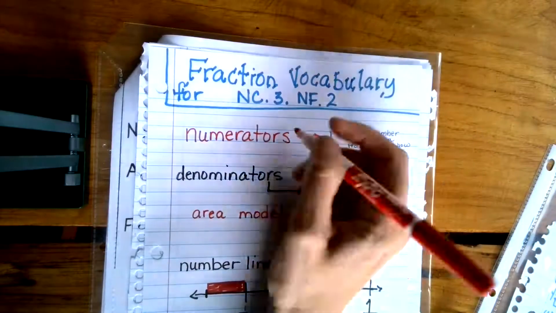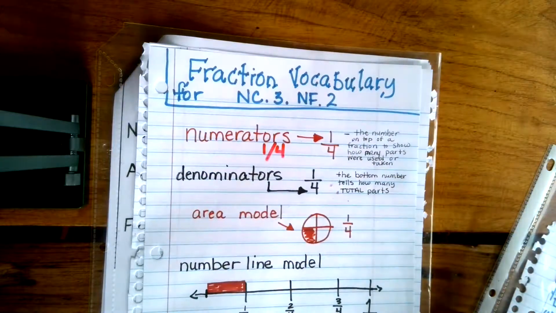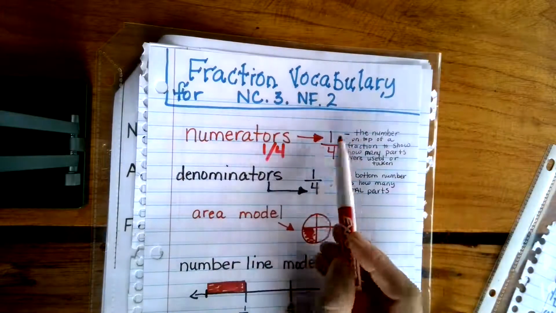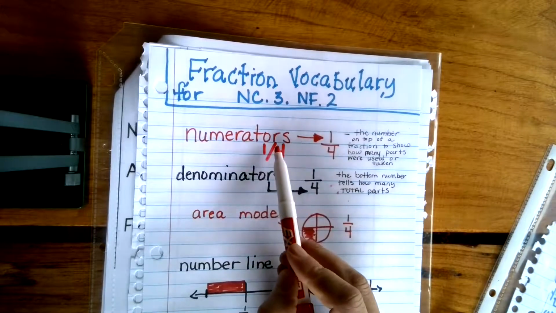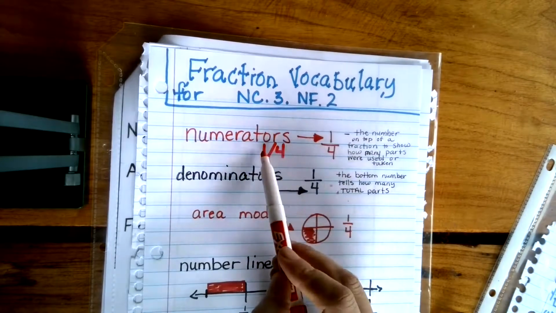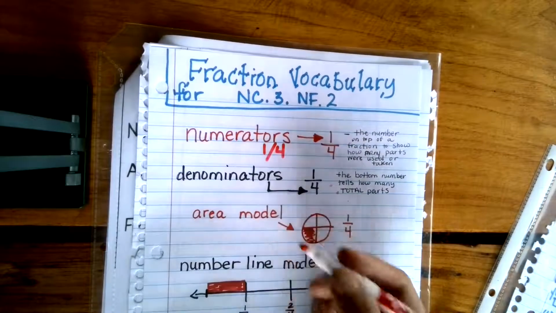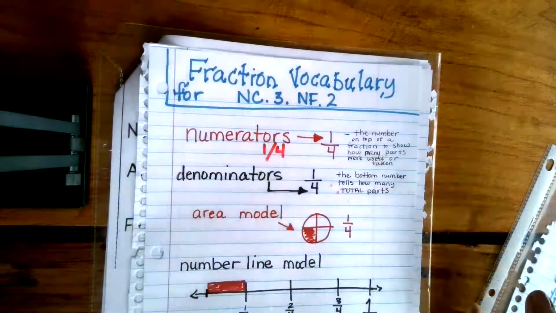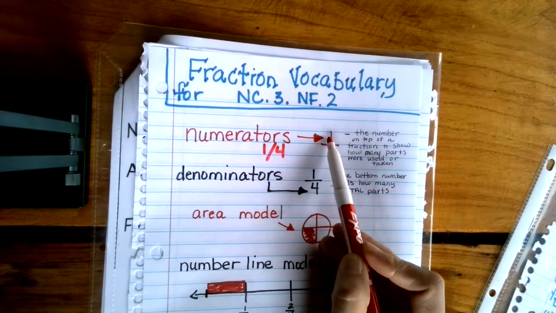I'm going to rewrite that. It can be written sideways like that. So it's the first number or the number on top to show you how many parts were used, how many equal shares were taken for something or eaten or distributed. That number tells how many parts were taken.